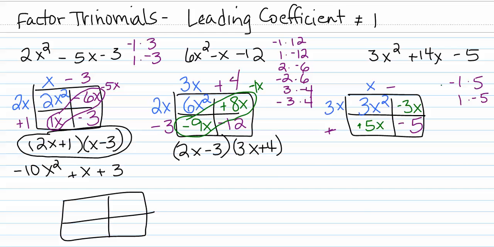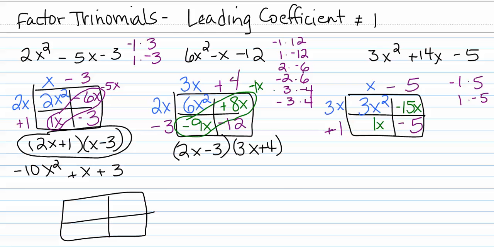So instead of putting the 1 here, I'm going to put the 1 along the left and the 5 along the top. So that's going to change the numbers inside the boxes. So now I have 3x times negative 5, which will give me a negative 15x. And 1 times x gives me a positive 1x. And when I combine those, I get negative 14x.